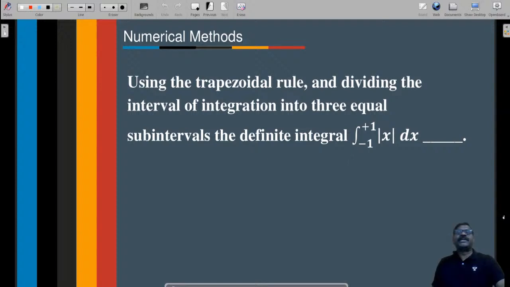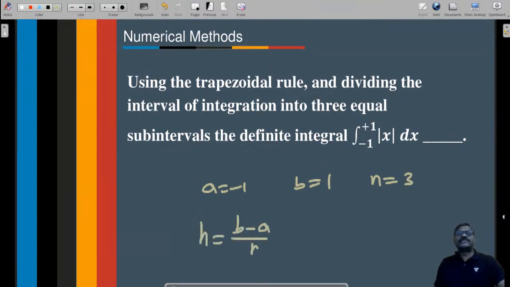By using the trapezoidal rule, dividing the interval into 3 equal subintervals, a is minus 1, b is 1, the number of subintervals is 3, h is equal to b minus a by n, 1 minus of minus 1 by 3, that is 2 by 3.